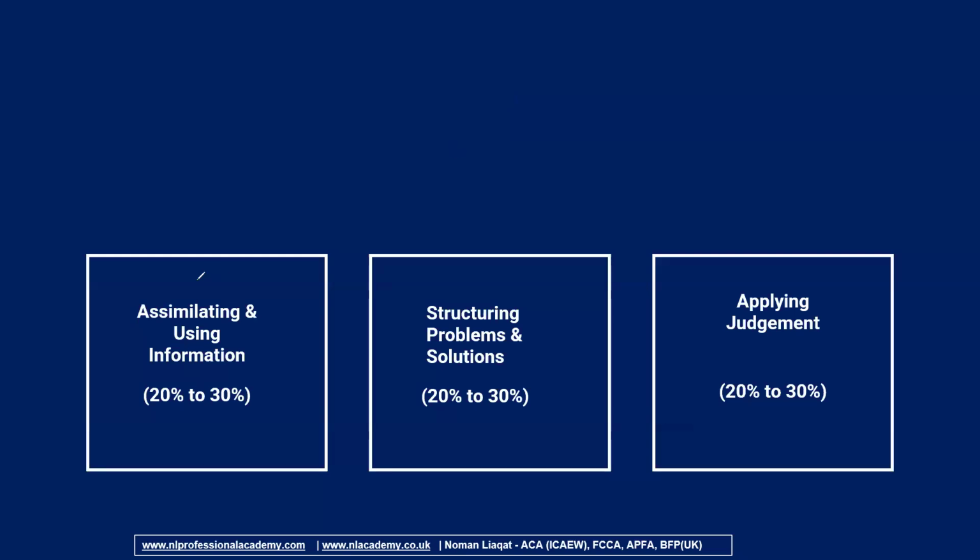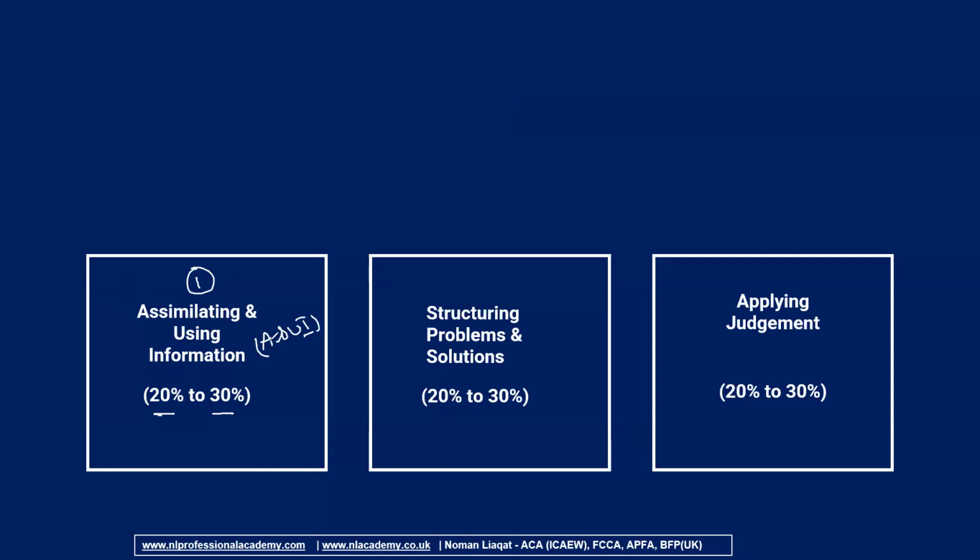First of all, we have assimilating and using information, and its percentage is approximately 20% to 30%. What is assimilating and using information? This is also called A and UI.